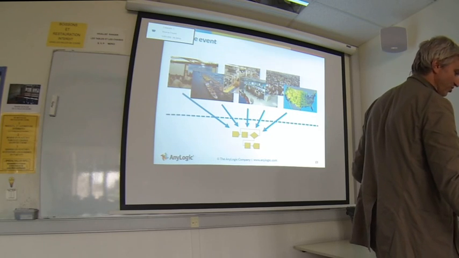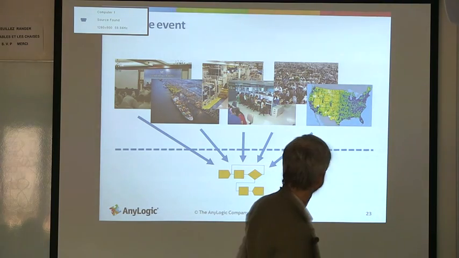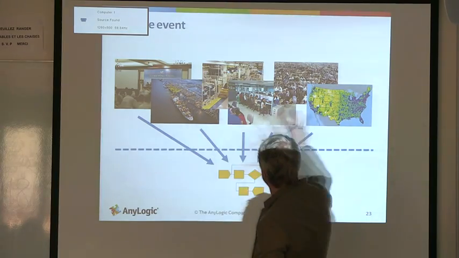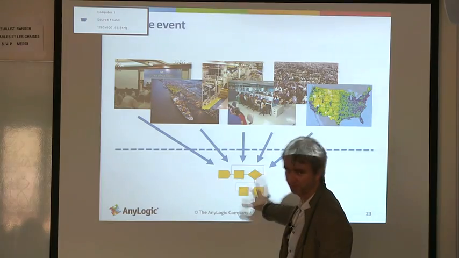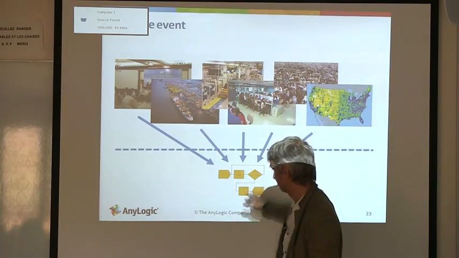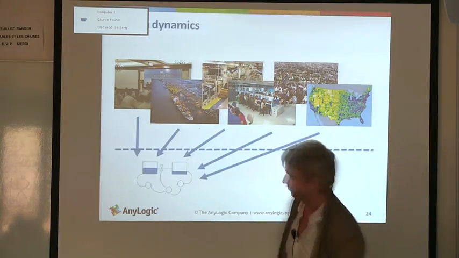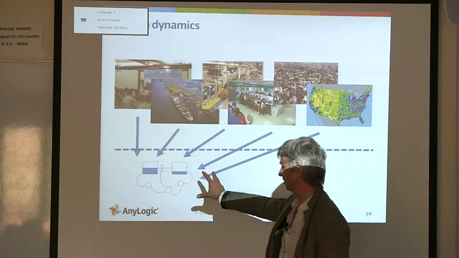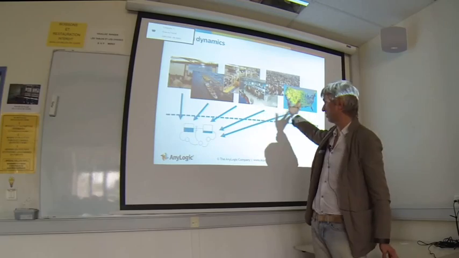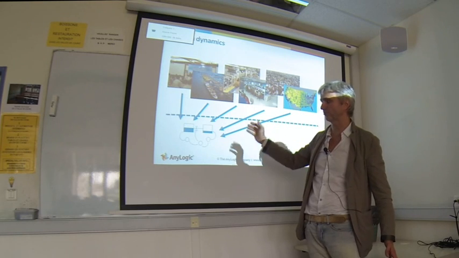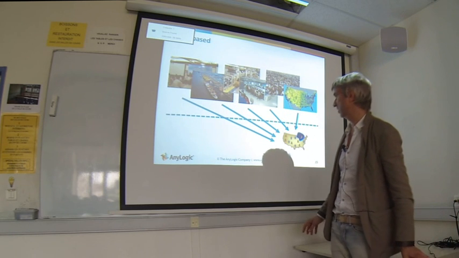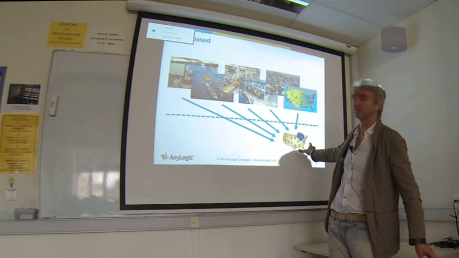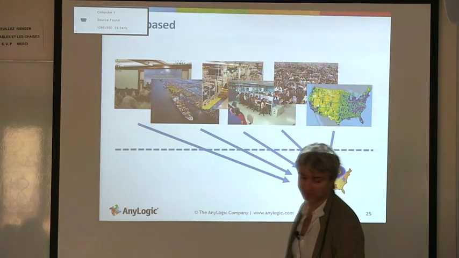This is just an illustration of what I just explained. Variety of problems. If you're an Arena modeler, you will try to map all of them into the process. If you're a PowerSim user, you will try to map everything to stocks and flows and arrays. If you're a Repast expert, you will try to model everything as agents in Repast.